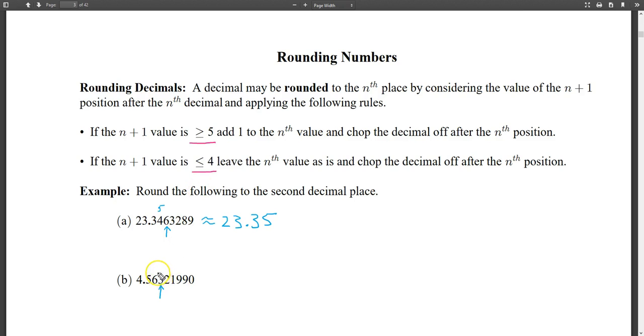And so we go to the second decimal place, which is a 6 in this case, and we just leave it as a 6. We don't change it. And so then we just throw away 321990, and we would say this is approximately 4.56. And there it is rounded to 2 decimal places. So that's how you round numbers. It's fairly easy.